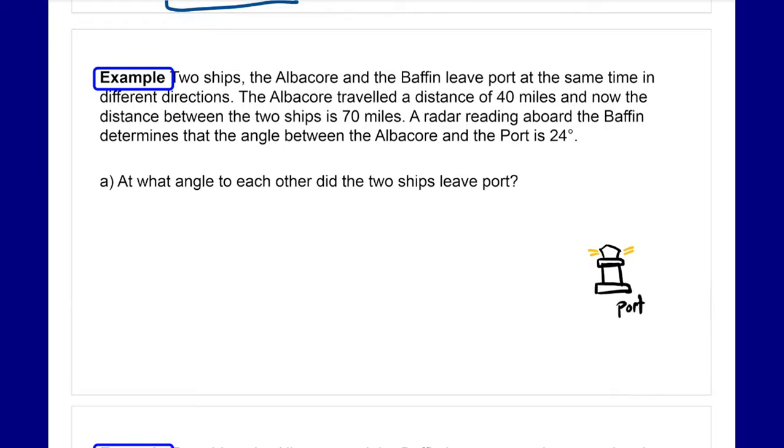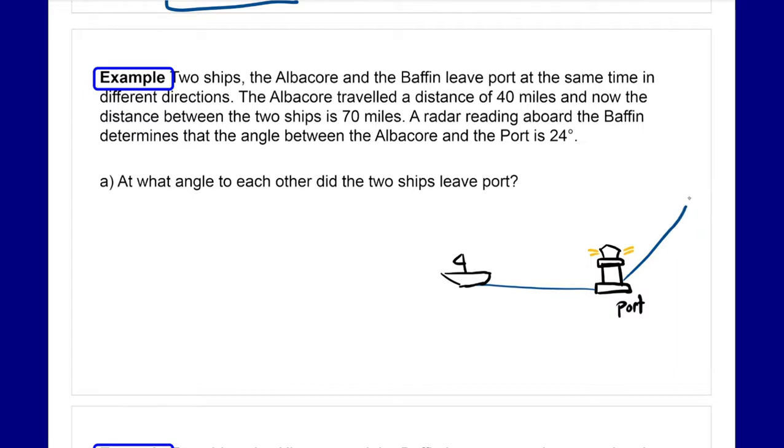We have our two ships then going in two separate directions. So one is, let's say, going this direction, one is going in this direction. So let's say we have the Albacore, so we now have to draw one of our boats. So we have one boat here, we have another boat over here.